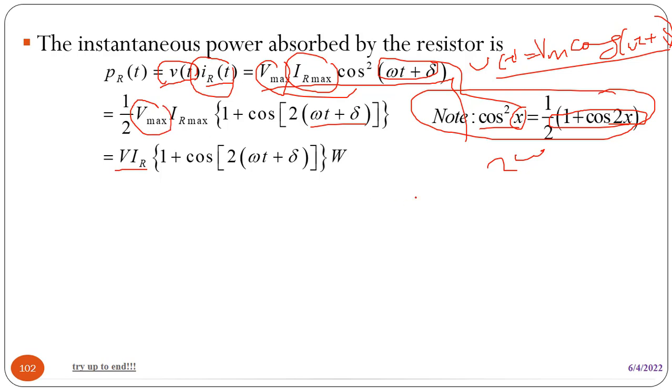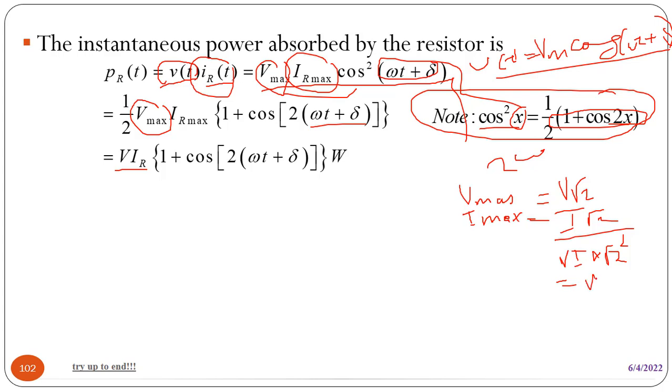Then finally we get V and I in RMS. V max is equal to V times square root of 2, and I max is equal to I times square root of 2. When we multiply these, we get V I times square root of 2 the whole squared, which is equal to V I times 2.